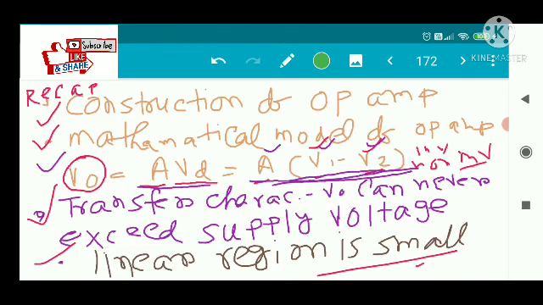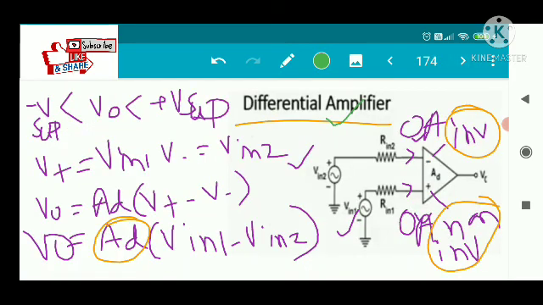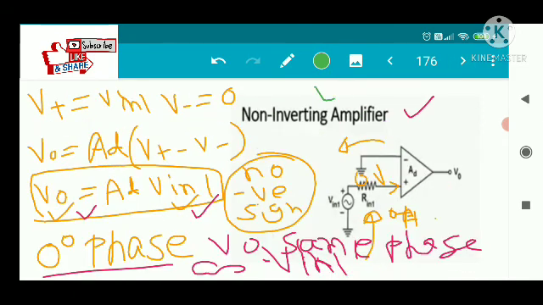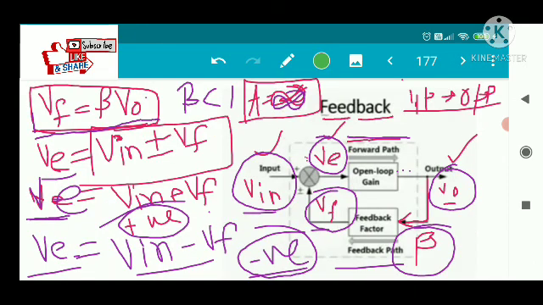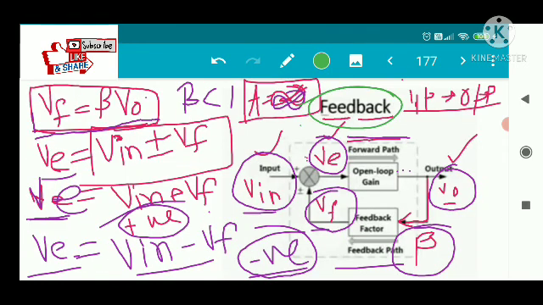So this is the recap of the previous class. Ideal case, then we discussed the differential amplifier, then the inverting amplifier, obviously the open loop case, then the non-inverting amplifier, obviously the open loop case, then we discussed the concept of feedback, how the output and the input voltage are related, and what is the advantage of using negative feedback. And then in the case of feedback, we know what is positive feedback and what is negative feedback.